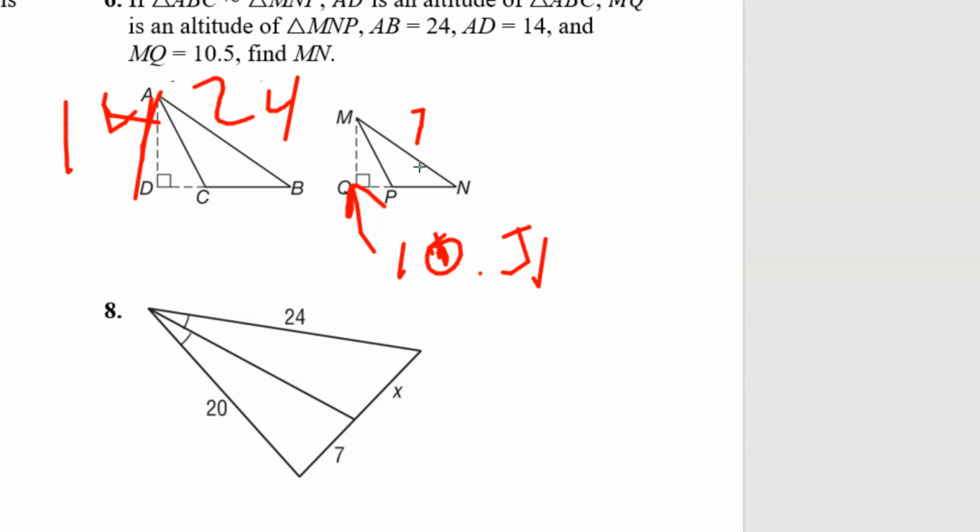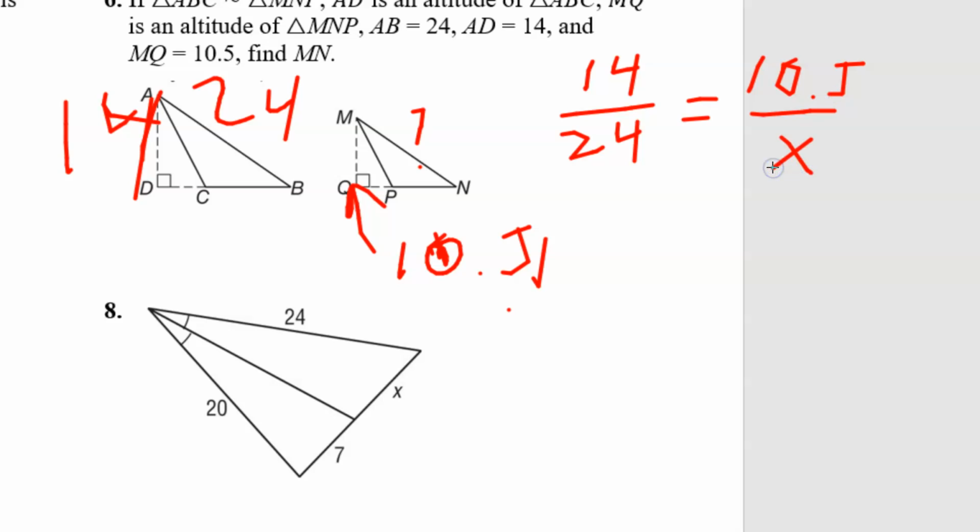So if we say something like 14 to 24 equals, notice I went altitude, right? 14 is the altitude, and over here MQ is the altitude, so MQ, which is 10.5, would have to live up here where my 14 lives, the other altitude, and then X is my unknown.